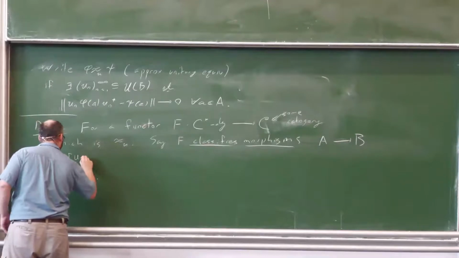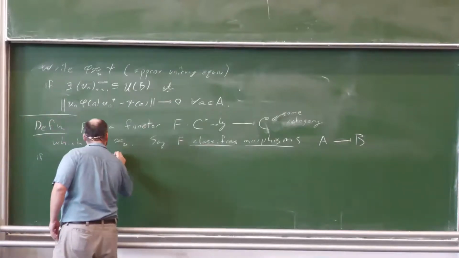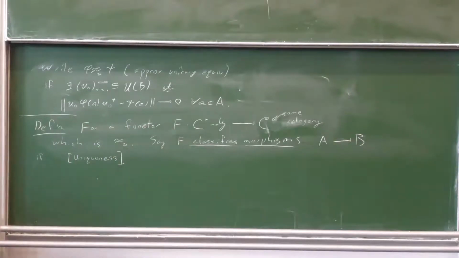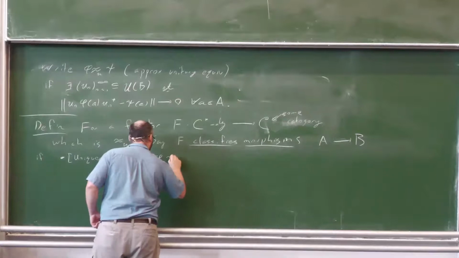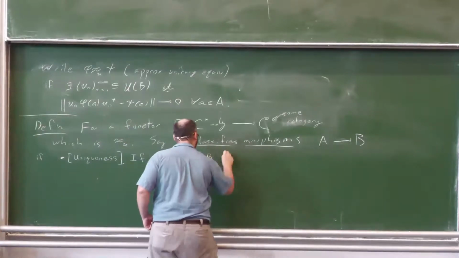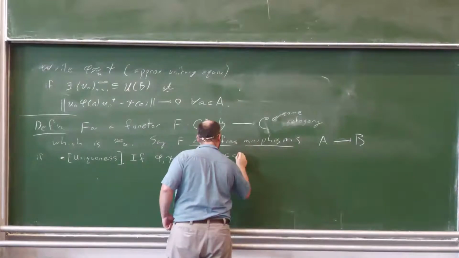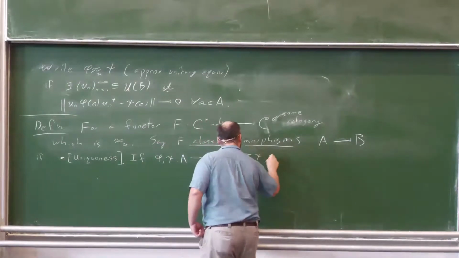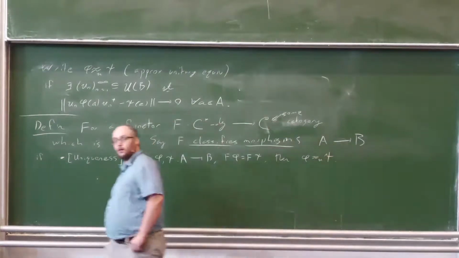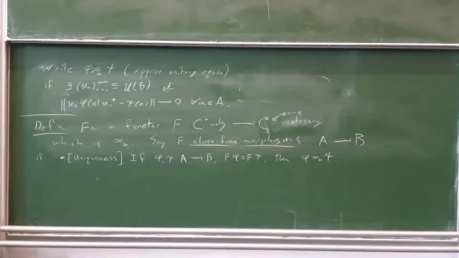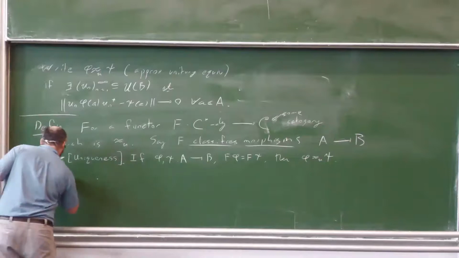First is a uniqueness condition: if you have two morphisms from A to B that agree on the invariant, then they're approximately unitarily equivalent. You're supposed to imagine this F is somehow computable, and now you have some computable test to decide when two morphisms are approximately equivalent to each other.